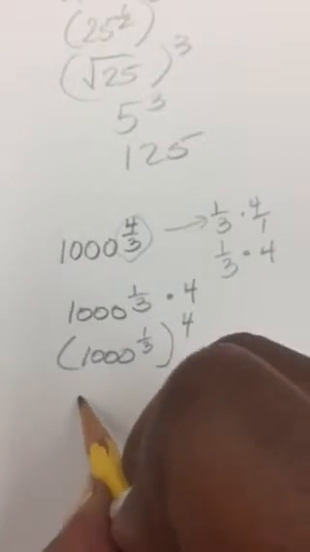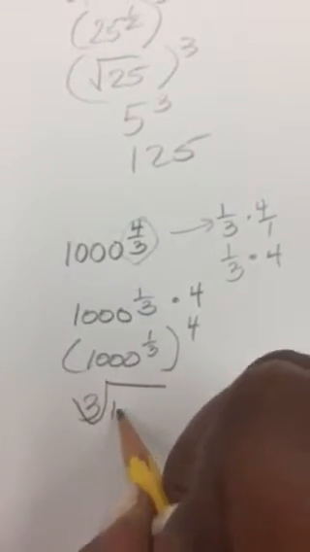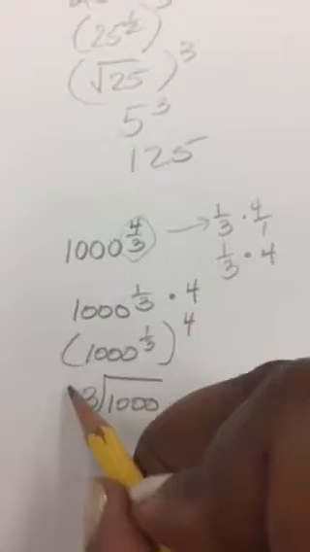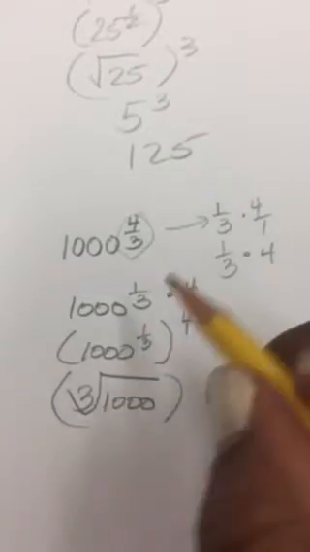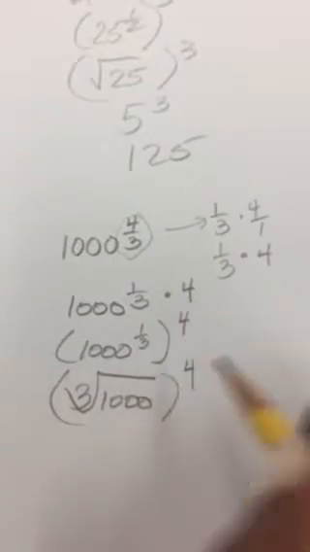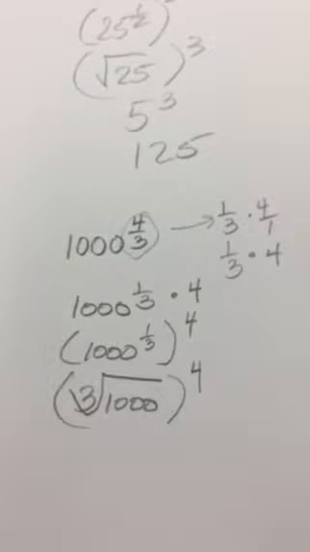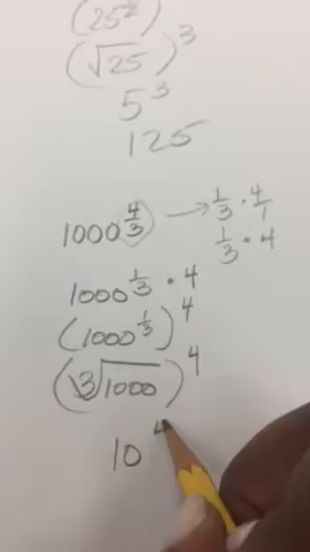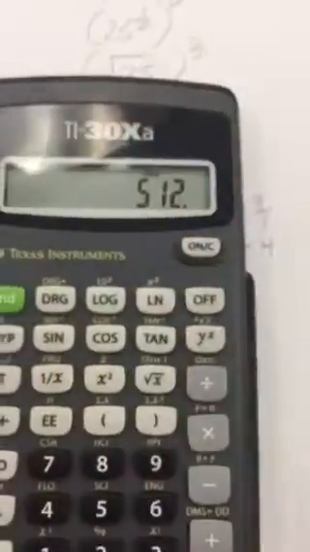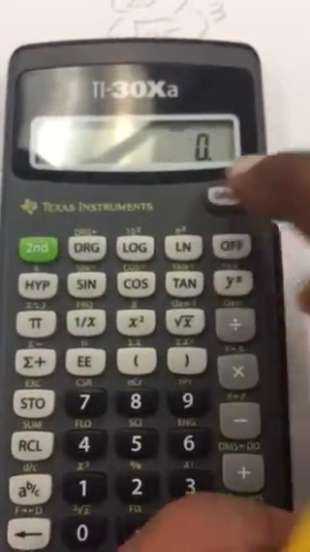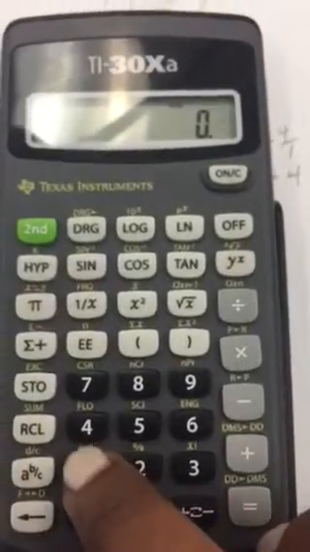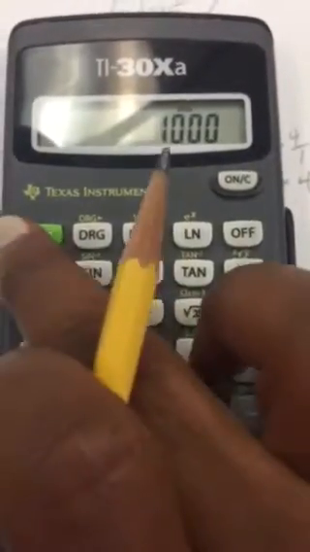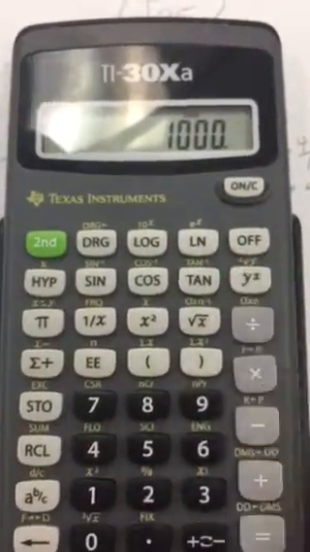That means we need the cube root of 1,000. Guys, you know the cube root of 1,000, don't you? What number multiplied 3 times gives us 1,000? I hear you all saying it, 10. And if you weren't sure, you have your trusty calculator. For 1,000, we want the 4th root?